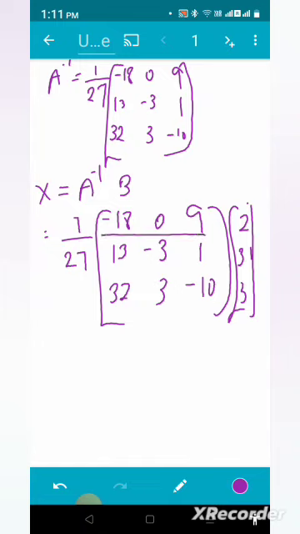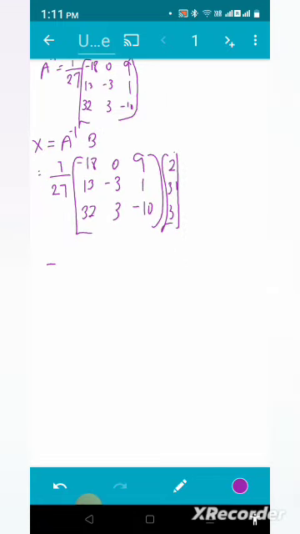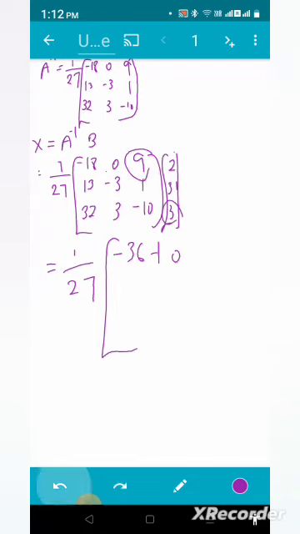So we have to multiply the first row with the first column. 1 by 27 into minus 36 plus 0 into anything is 0 plus 9 into 13 is plus 117.